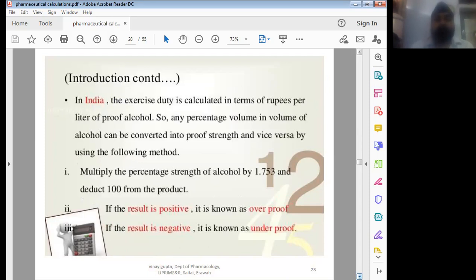So any percentage volume in volume of alcohol can be converted to proof strength and vice versa by using the following method. Firstly, we have to multiply the percentage strength by the factor 1.753 and deduct 100 from the product. If the result is positive, then the alcohol would be overproof. If the result is negative, then the alcohol would be underproof.